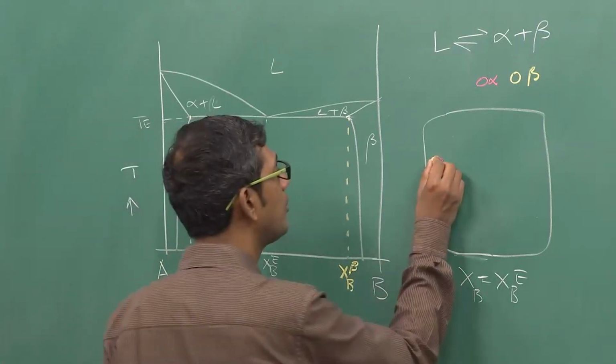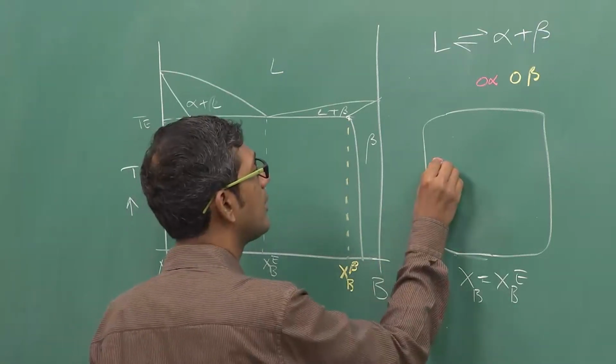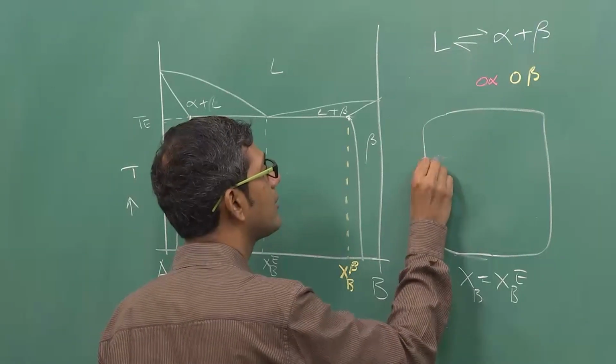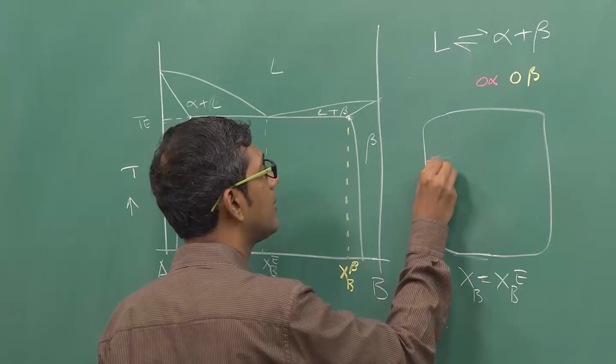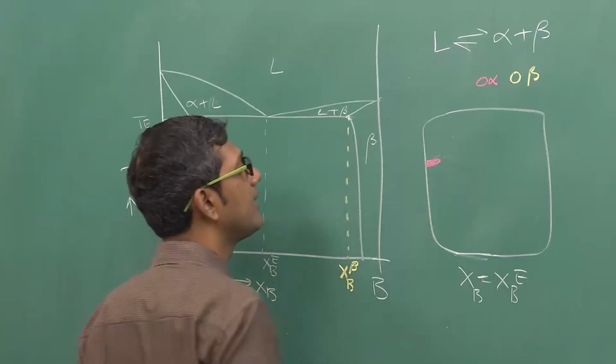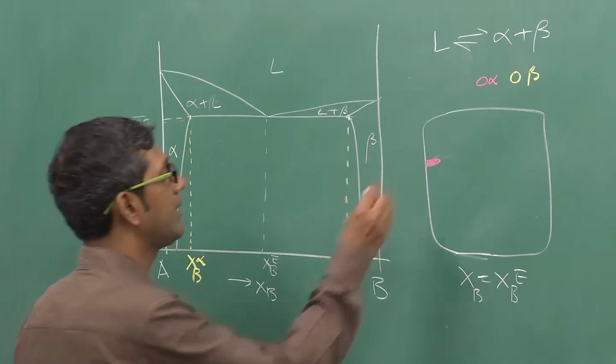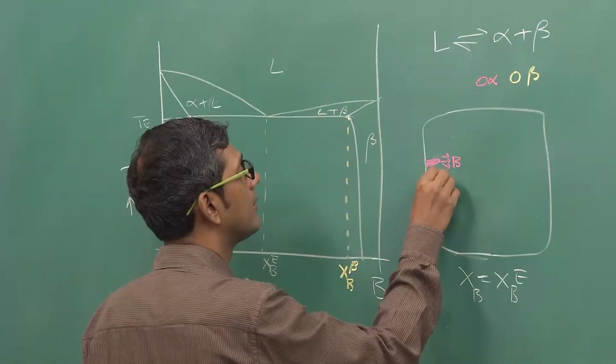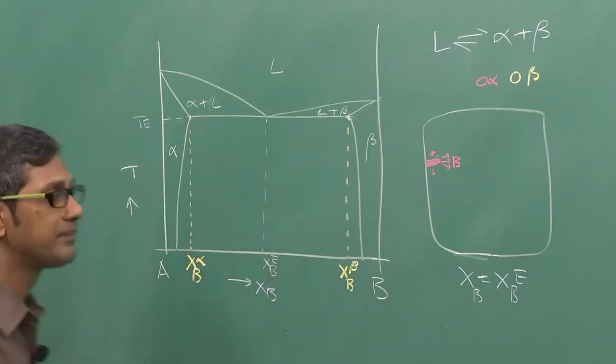So, as the alpha grows like this, suppose alpha is growing like that, or let us draw it from the boundary, that is better. Alpha grows, it rejects all B. Okay. So, all B will be rejected here in front of that.